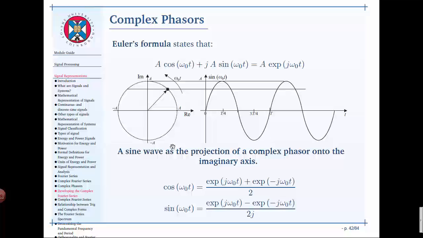In fact, in all of communications, since radio signals are electromagnetic signals, a complex phasor, A e to the j omega naught t, is quite a natural way of representing communication signals. This is going to come up a lot, probably more in the third year than in the second year, but you will meet this.